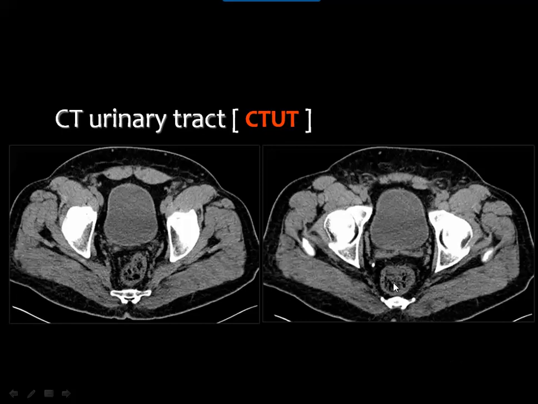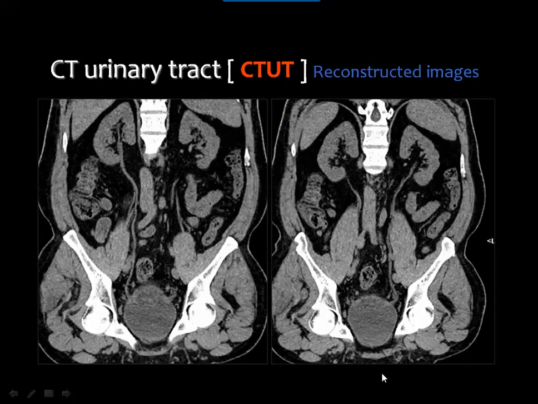Sometimes you are confronted by a small radiopaque shadow here, and you wonder whether this is a calculus in the distal part of the ureter or it is a pelvic phlebolith. So these two images are very important, which are performed by the technician.